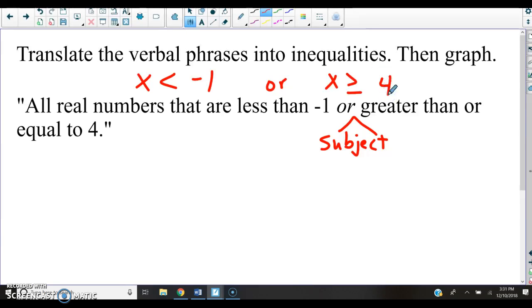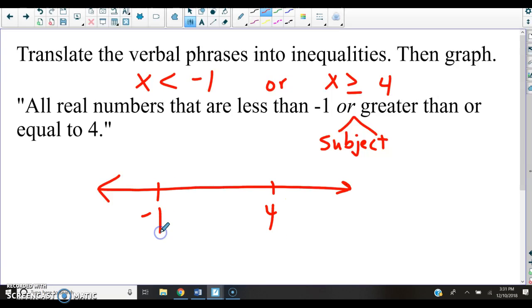So when it's a compound sentence, sometimes you got to think of that subject, your variable. So you got x's that are less than -1 or x is greater than or equal to 4. So when we graph this, here's my 4, here's my -1, less than -1, greater than or equal to 4.